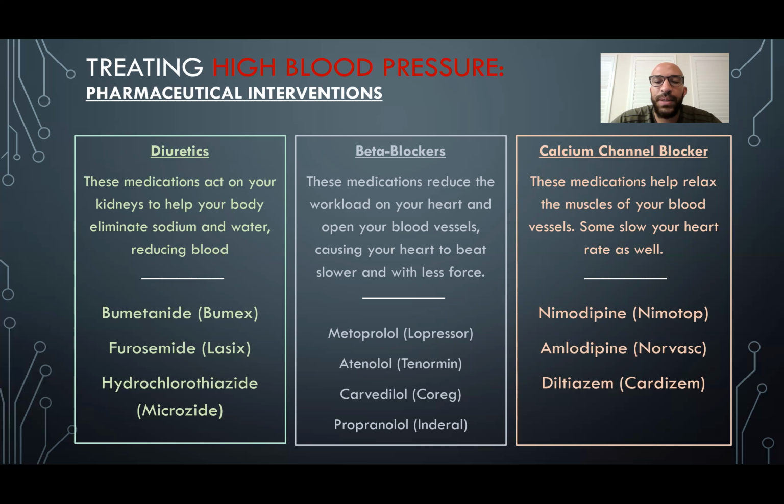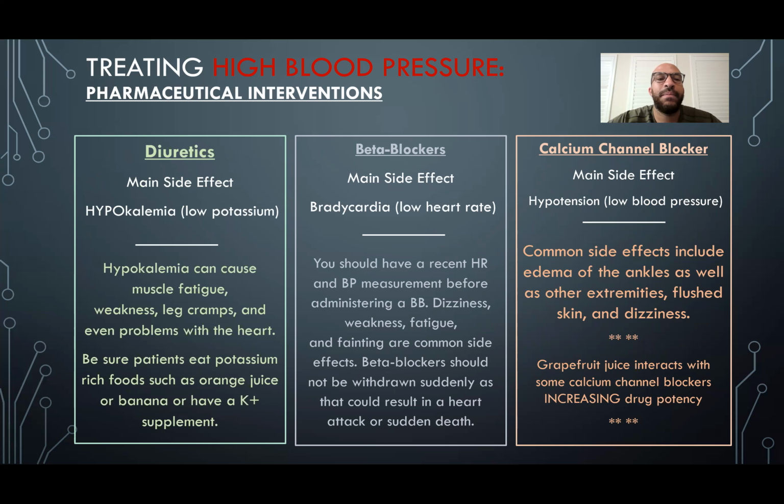Nimodipine, amlodipine, and diltiazem, Nimotop, Norvasc, Cardizem. And these medications help us relax. Calcium channel blockers block the stress, they help us relax, and slow the heart rate as well. So those are the most common types of medications we will see.